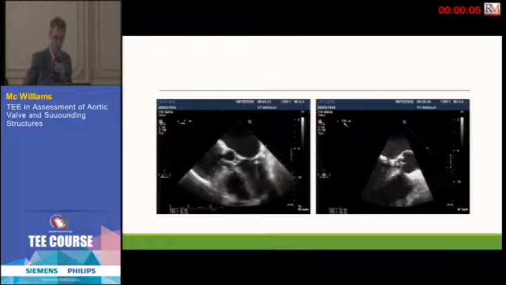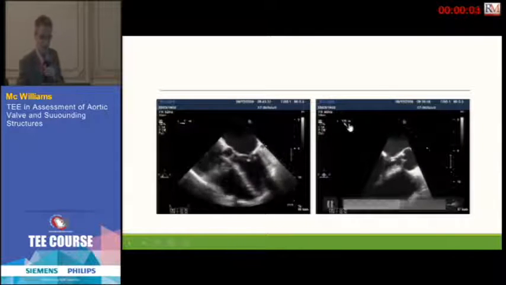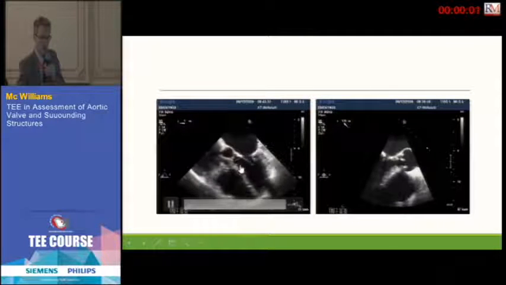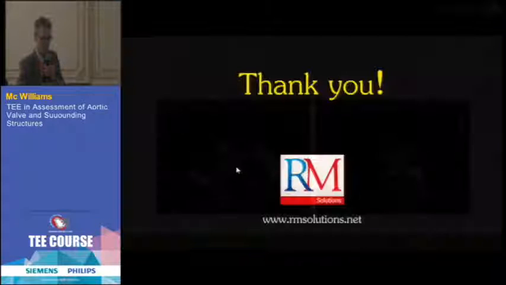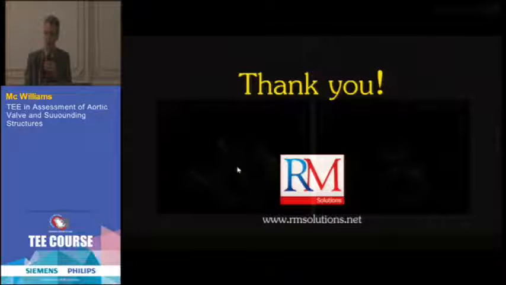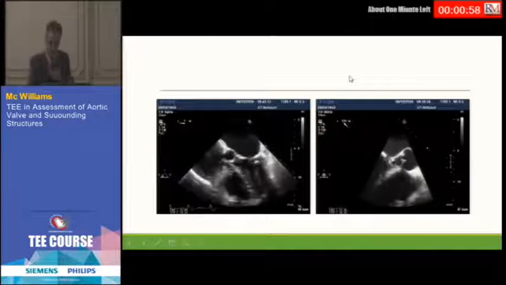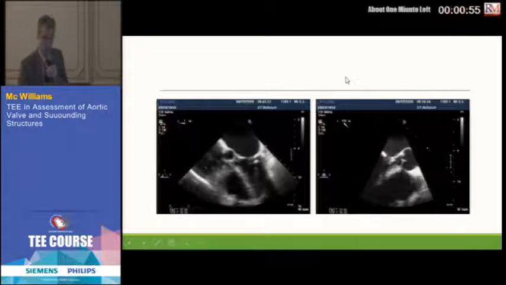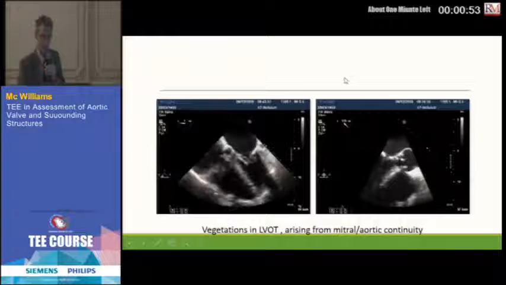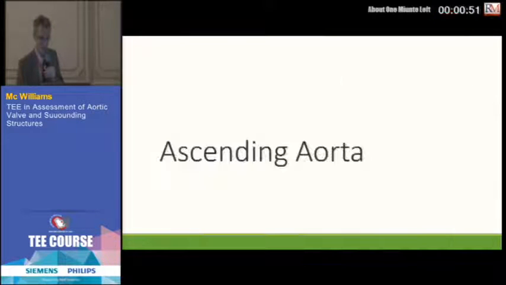But when we go round to this view that Dr. Shiri was mentioning, the mid-esophageal view here, we could see definitely something in the outflow tract. Just to finish up quickly, this was vegetations in the outflow tract and culture negative endocarditis, and his symptoms of cancer improved when we treated his endocarditis.